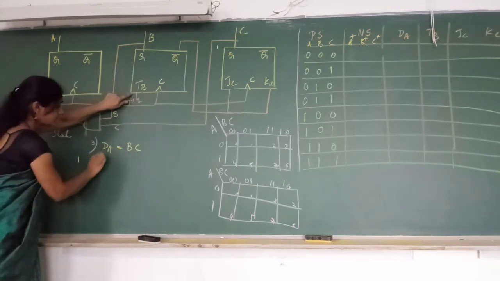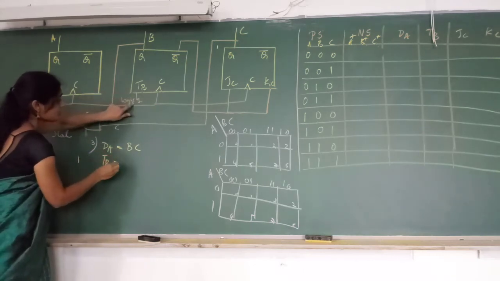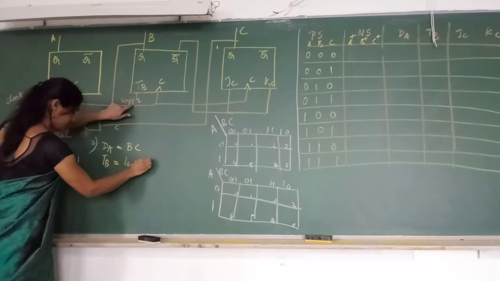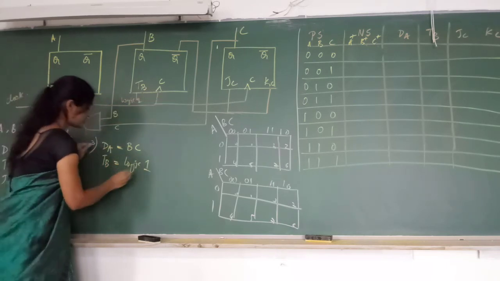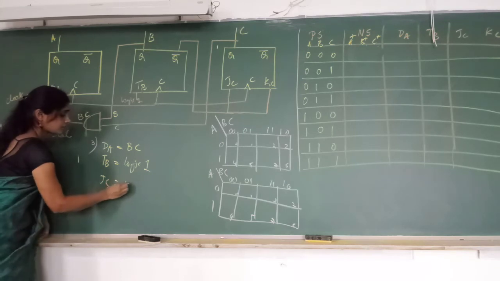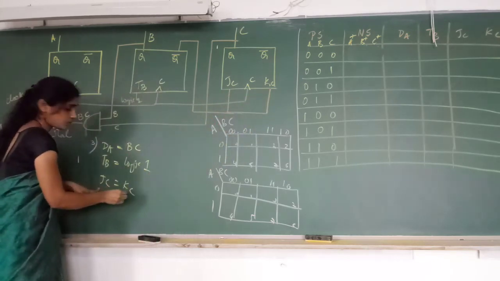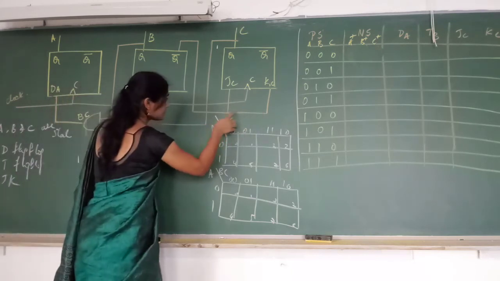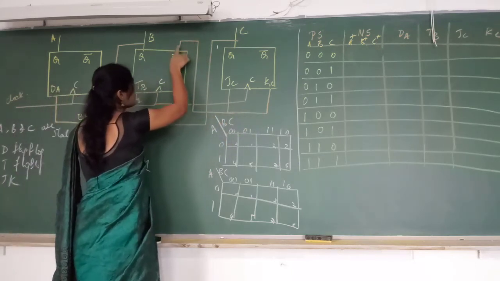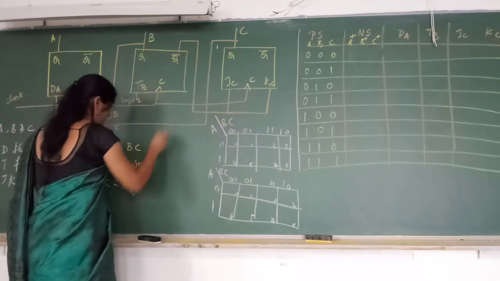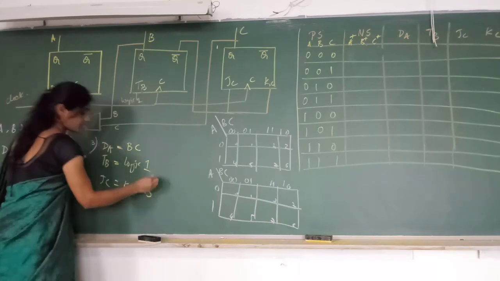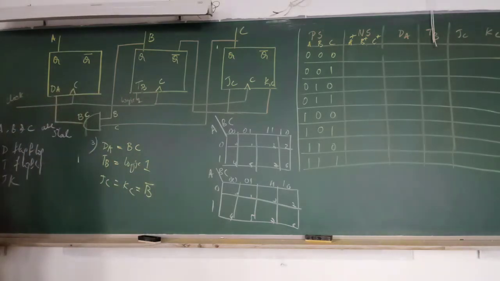Second flip-flop, TB. The input is logic 1. Third flip-flop, JC and KC. They are both shorted, so JC is equal to KC. What is that? It is the Q bar of the second flip-flop, that is B bar. So these are the flip-flop inputs.